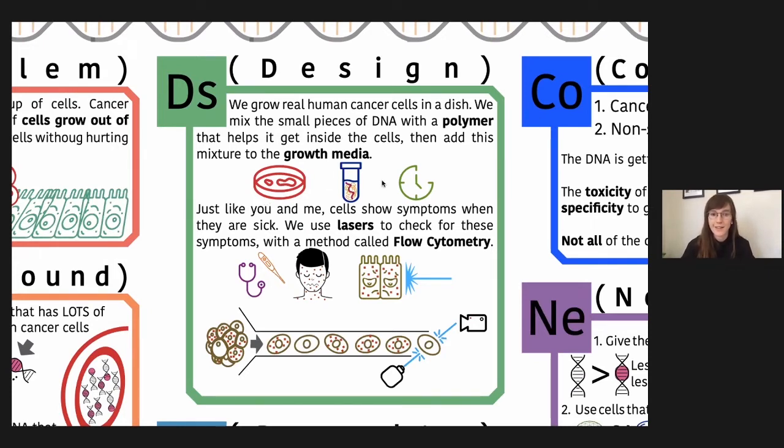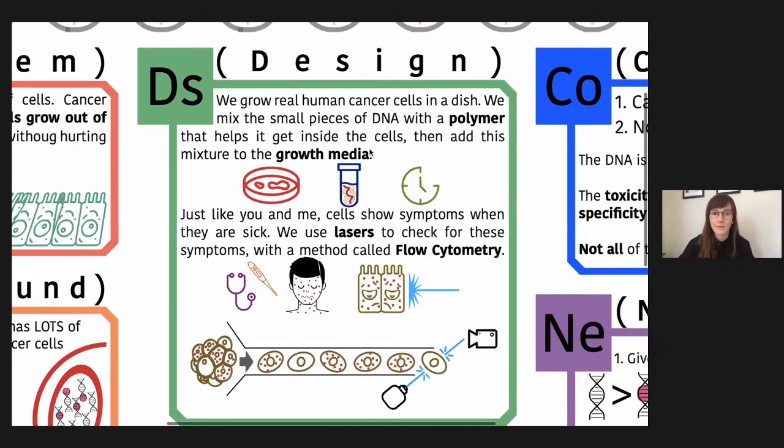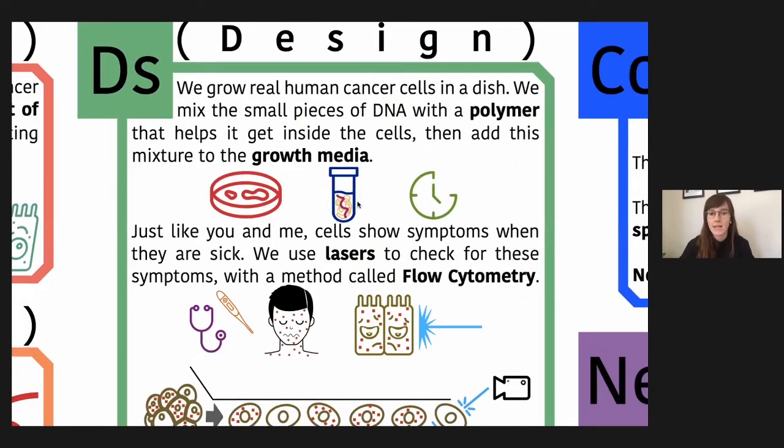Another component of this experiment that I think is interesting is that if we just put that piece of DNA on top of the cells, it won't get inside the cell. And if it doesn't get inside the cell, it won't have a chance to stick to the cell's genes and kill it. So it's really important that the DNA gets inside. In order to do that, we use something called a polymer.